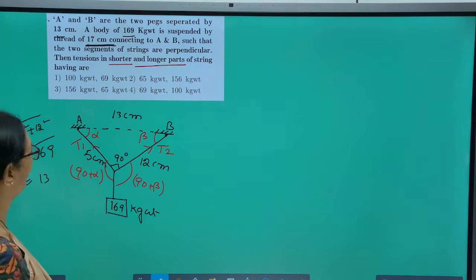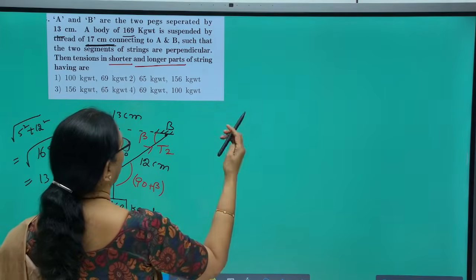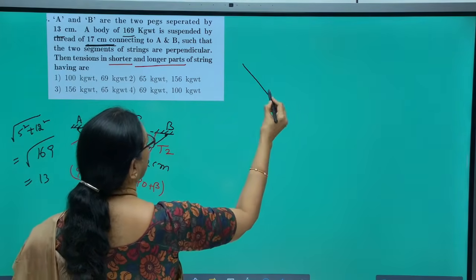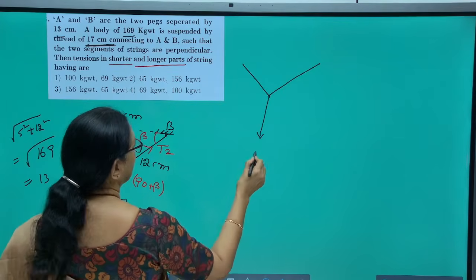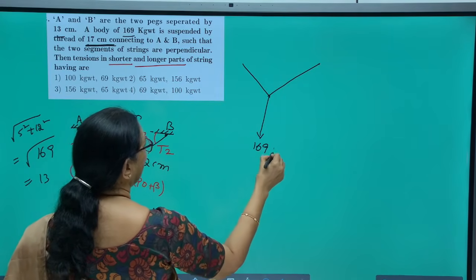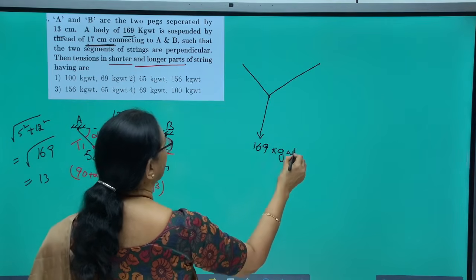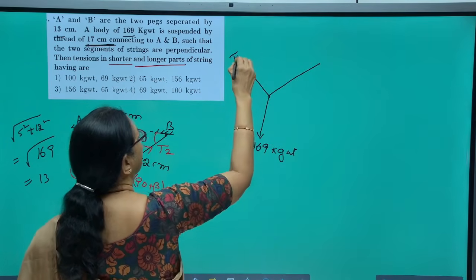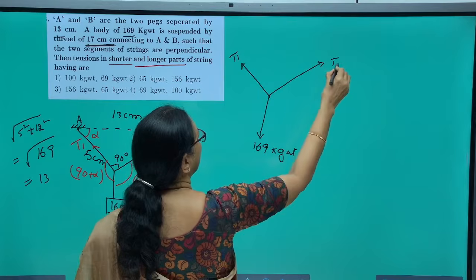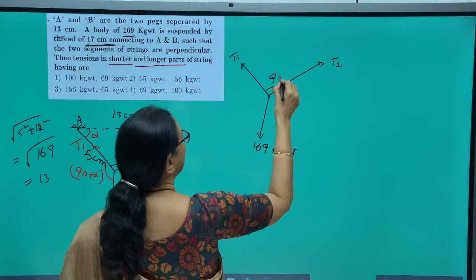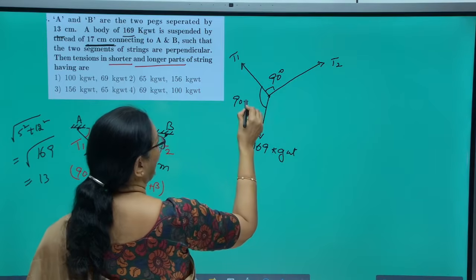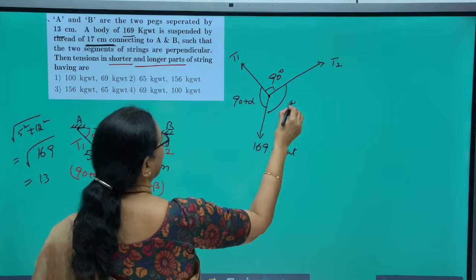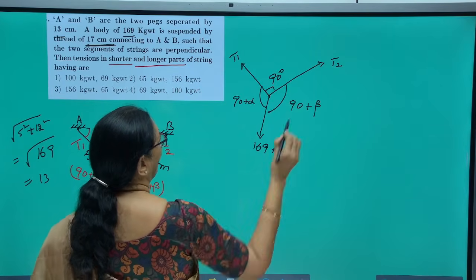So, from Lami's theorem, I am rewriting the diagram like this. This is 169 kg weight, this tension is T1, this tension is T2, this angle is 90 degrees, this is 90 plus alpha and this is 90 plus beta.